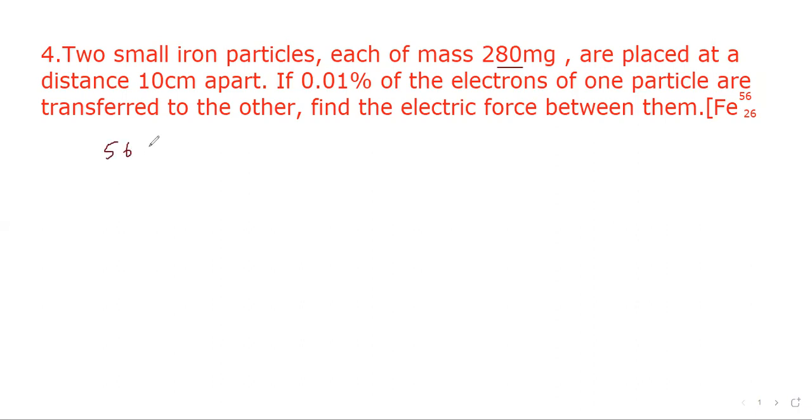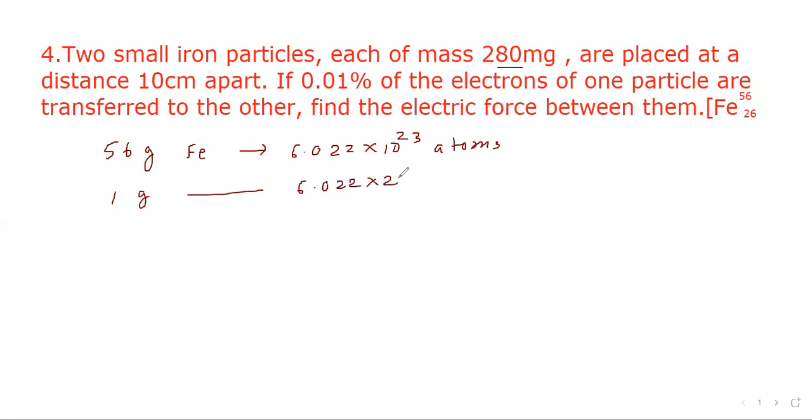56 gram Fe contains 6.022 into 10 to the power 23 atoms. So 1 gram Fe will contain 6.022 into 10 to the power 23 divided by 56.